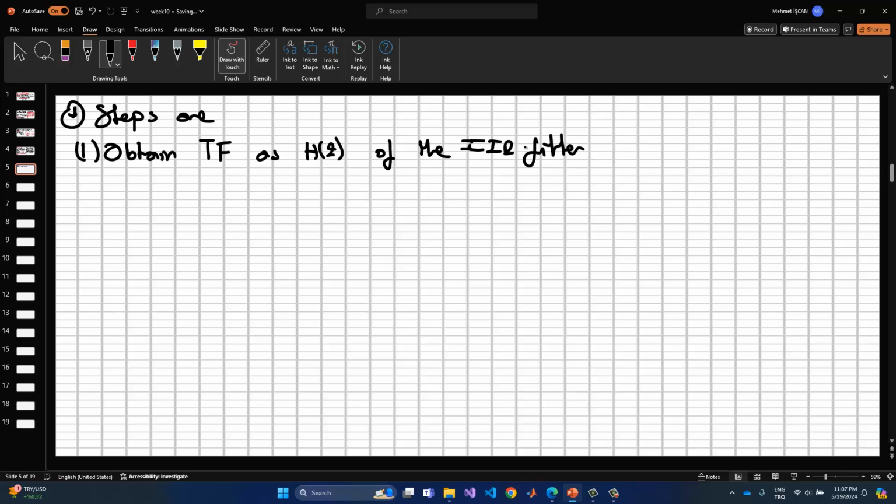For this case it is the IIR, or we can use the FIR filter. After that, substitute z equals e^(jw) into H(z) to get H(e^(jw)).